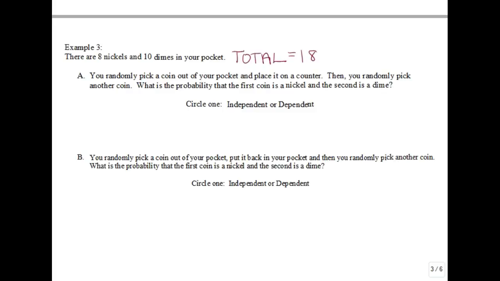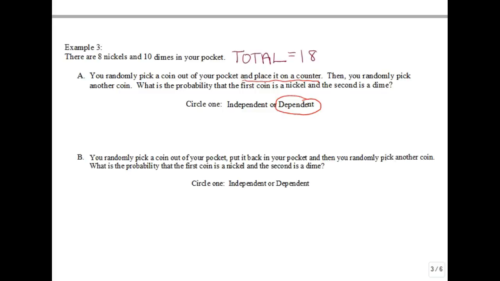You randomly pick a coin out of your pocket and place it on a counter. We need to ask, does this reset the problem back to 18 coins in our pocket? No, which means that we're changing the original situation, which makes this question a dependent event.